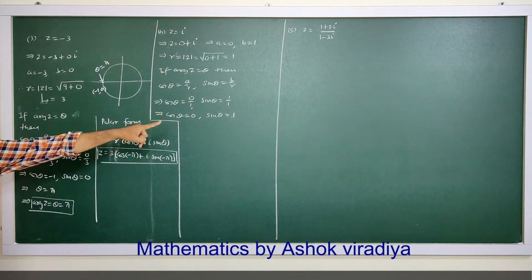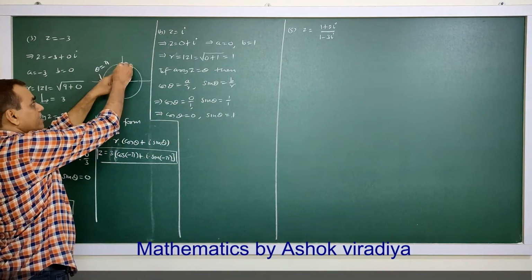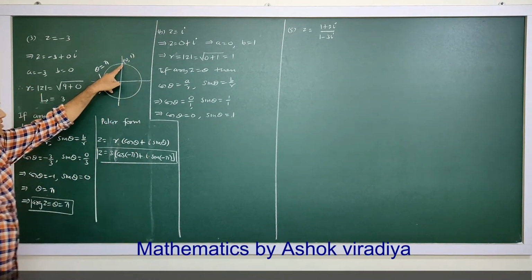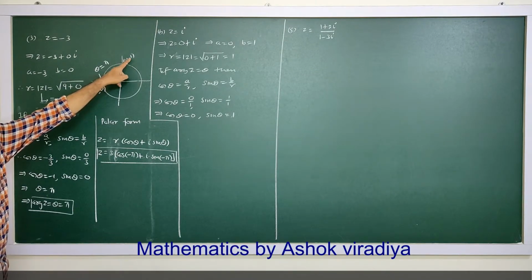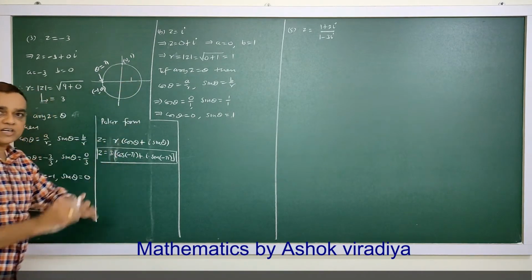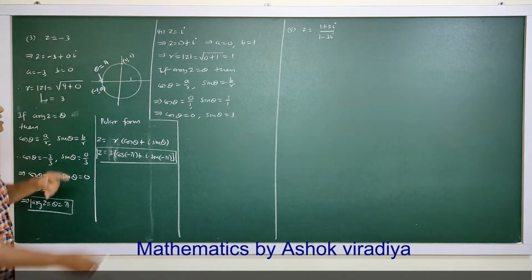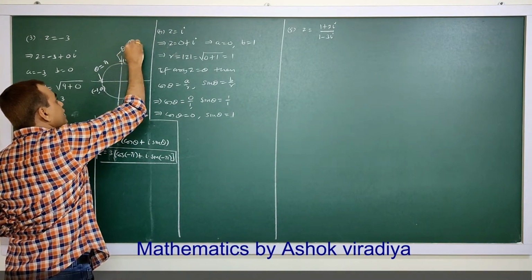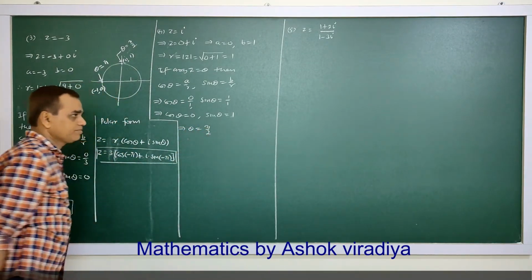The point is here, whose x coordinate is 0 and y coordinate is 1. This is the unit circle; everything we are getting from the unit circle. So corresponding to this point, theta is pi by 2.